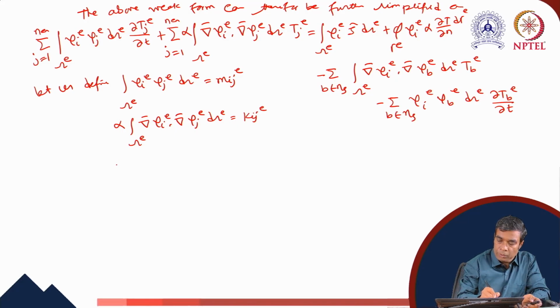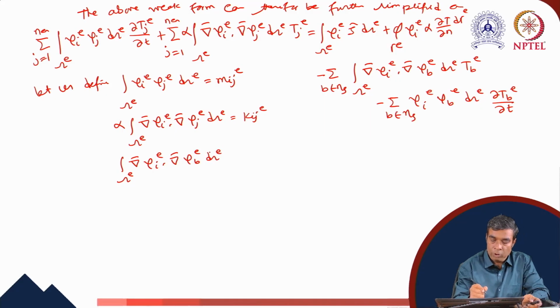Then we define integration over omega^e gradient of psi_i^e dot gradient of psi_b^e d omega^e, here also we shall have the alpha.